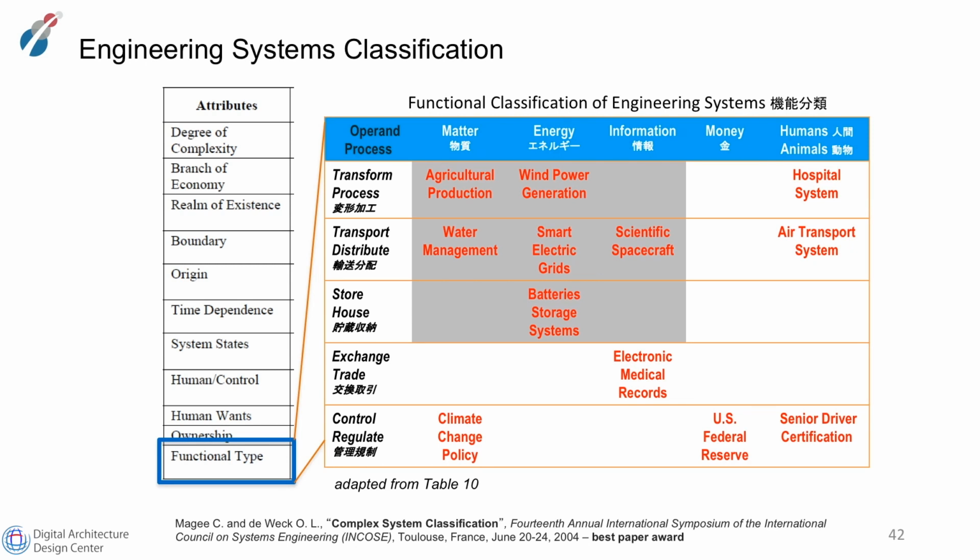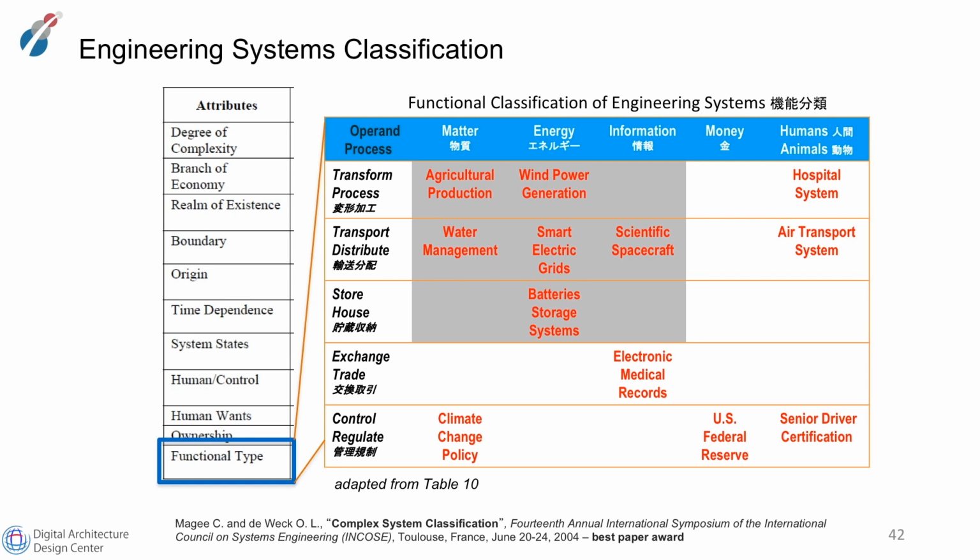And so based on systems thinking, you can see on this grid or matrix, the columns are different operands. And shown in gray here, this is classical engineering, technical systems. They operate on matter, energy, and information.